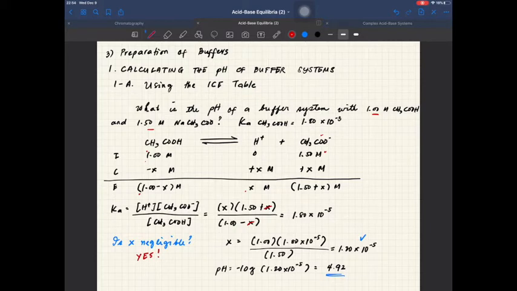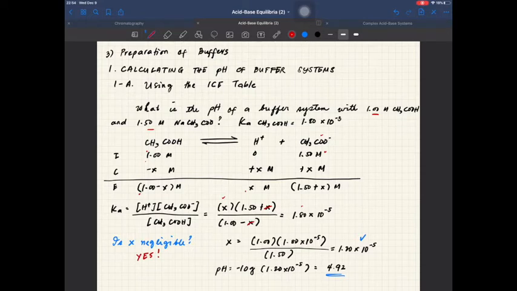We can substitute these equilibrium concentrations into the Ka expression, and we get x times (1.5 plus x) all over (1 minus x) is equal to 1.80 times 10 to the negative 5. The next thing that we have to do is to check whether or not x is negligible.